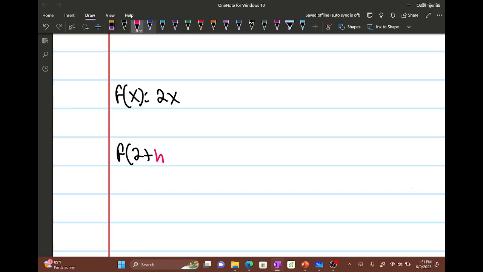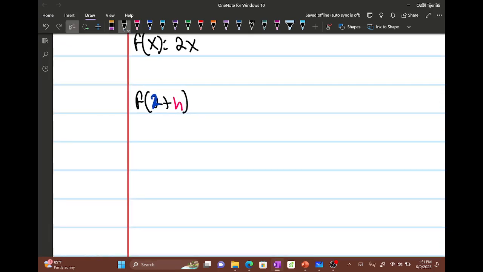Right? And students make this mistake where they think that we're going to do f of 2 plus f of h. No. This is not what it is, guys.